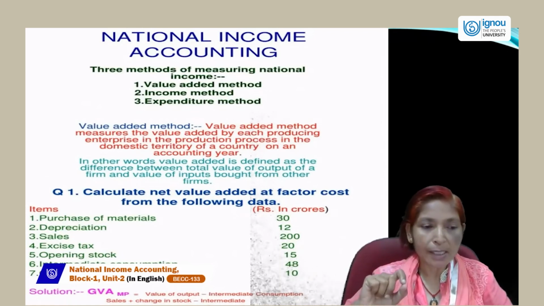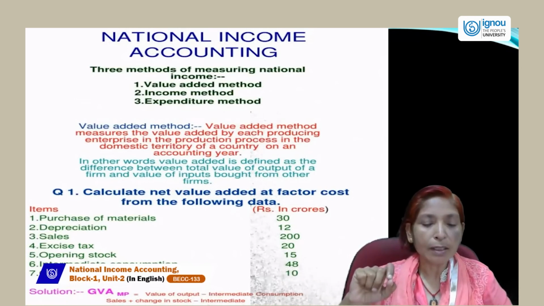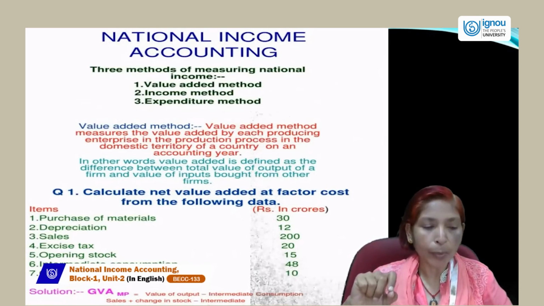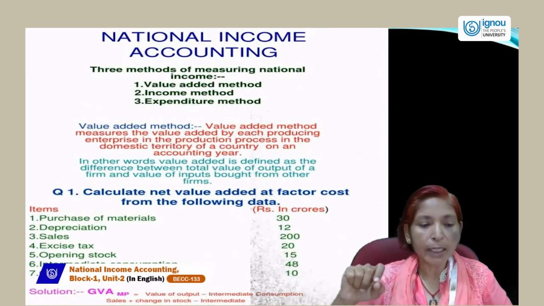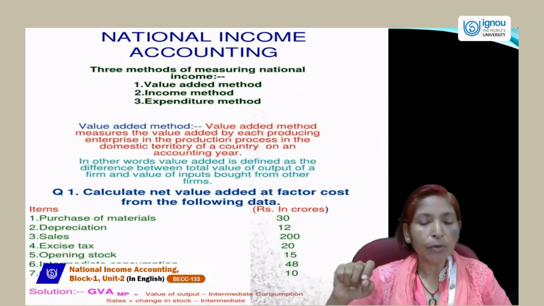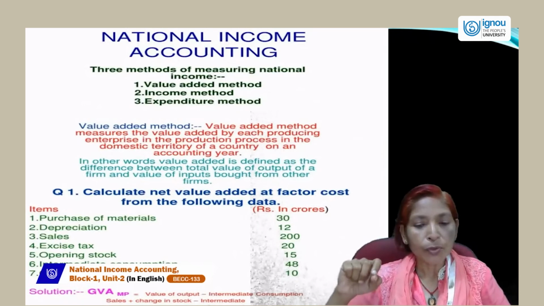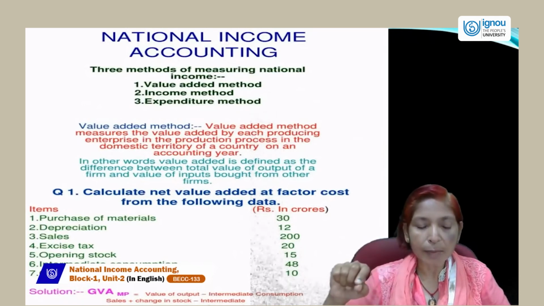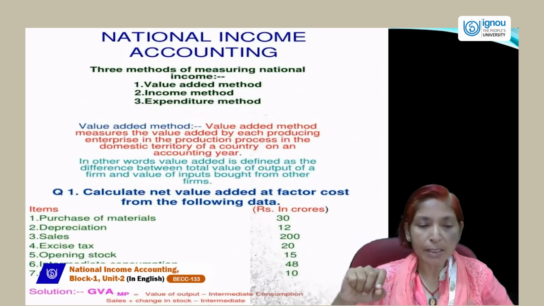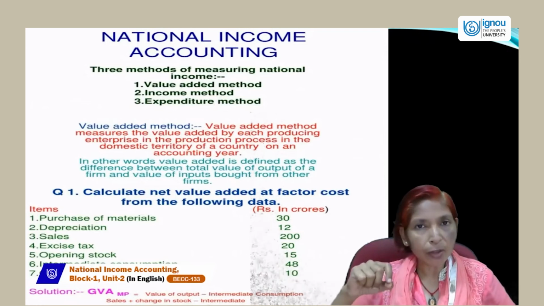First of all we will take sales, then we will add change in stock. Change in stock is the difference between closing and opening. So sales plus change in stock minus intermediate consumption, then we can calculate gross value added at market price. How is value of output estimated? If value of output is already given, then we will take it.